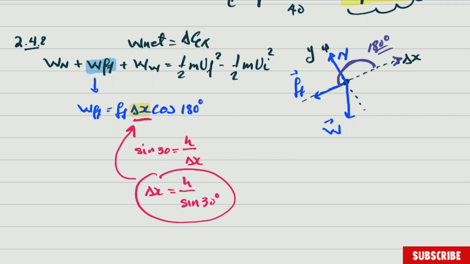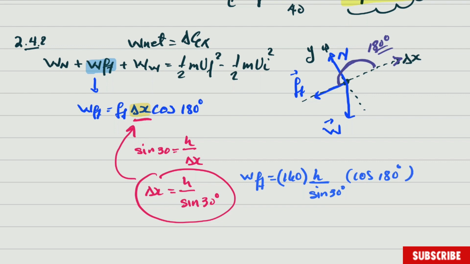So let's do that real fast. We have now that the work done by friction is equal to friction, which is 160, multiplied by the displacement, but the displacement is h divided by tan 30 degrees, multiplied by the cosine of 180 degrees.